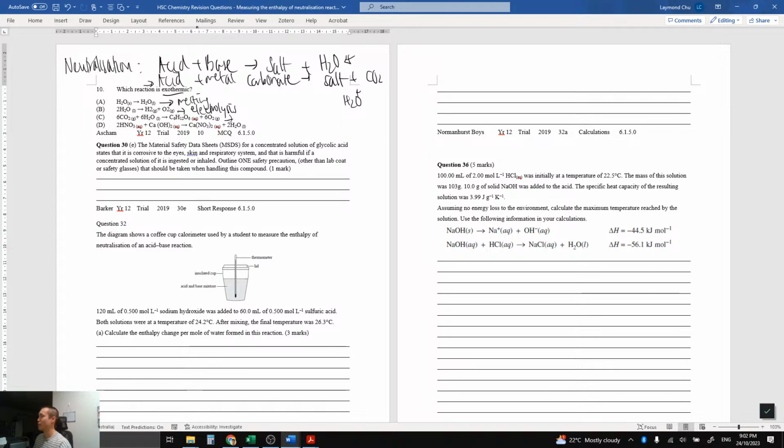You've got photosynthesis, which I'm sure you're aware needs UV light as an energy source intake, so also endothermic. The last one is nitric acid with calcium hydroxide. This is our lovely acid and base reaction, which is exothermic.